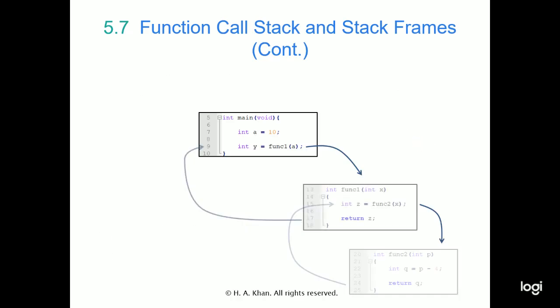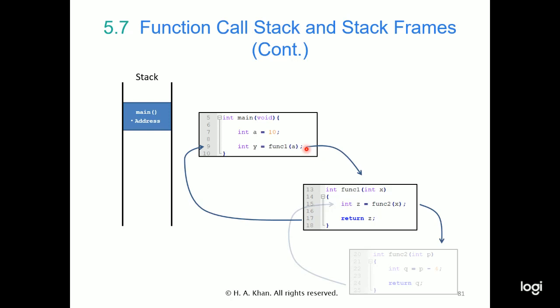So let's say once you go from the main function to function 1, variable A will also be pushed onto the stack, and then once you go from function 1 to function 2, variable Z along with the address of function 1 will also be pushed to the stack.